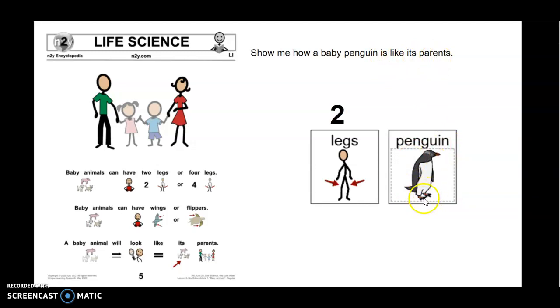Look at the baby or the penguin right here. Does he have 4 legs or 2 legs? Yes, 2. 1, 2. He has 2 legs, so a baby penguin is also going to have 2 legs.